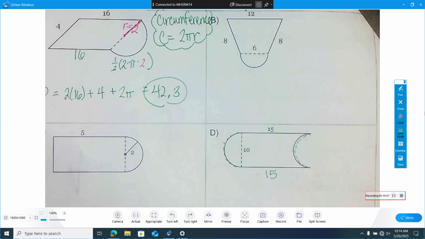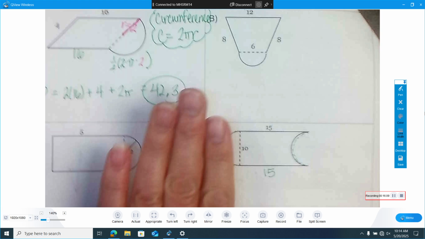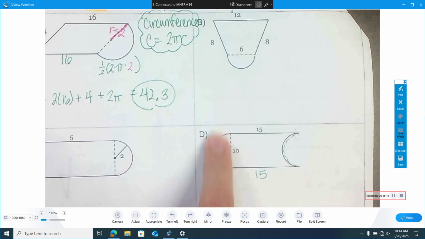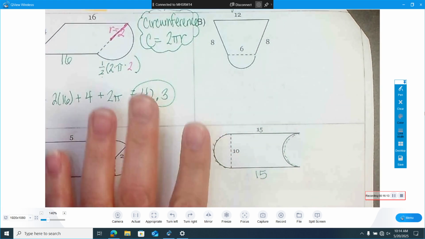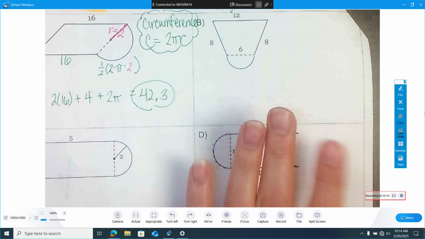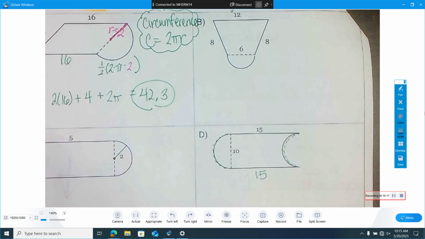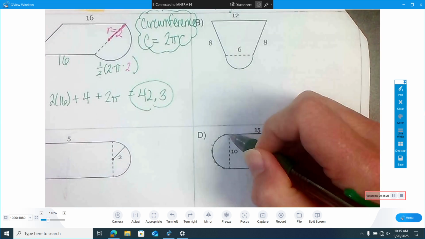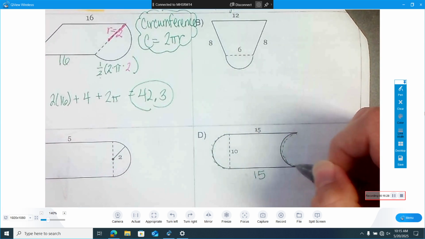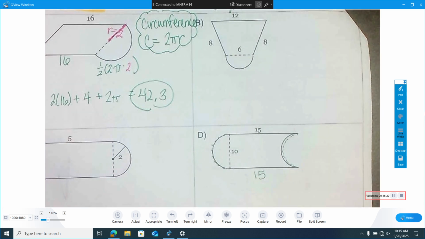So you're thinking, okay, so I see what you're saying. If you were to cut this semicircle off and then we could just move it over here and it'd fill in, which would be a great thing to do if we were finding area. But we're not finding the area of this figure. We want the distance it takes to walk around the edge of this figure, which is kind of weird.